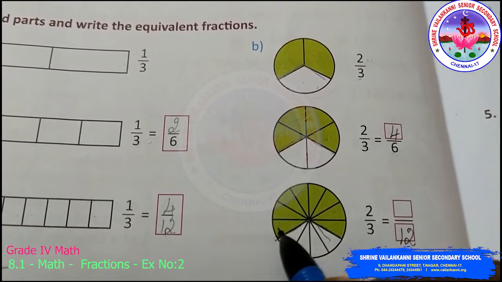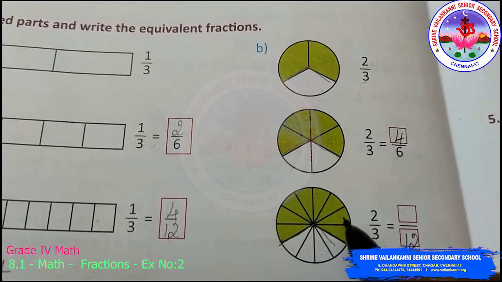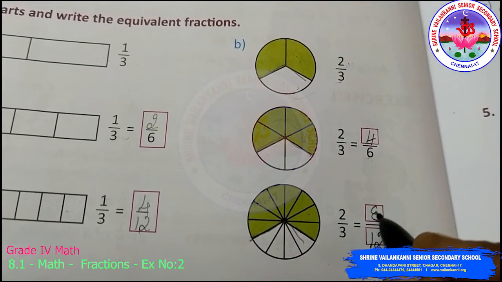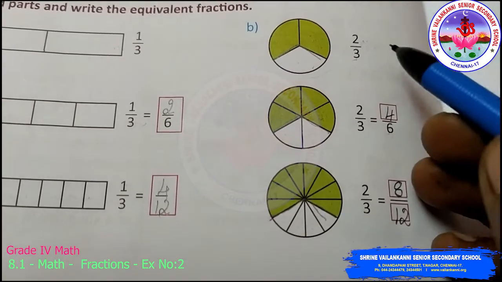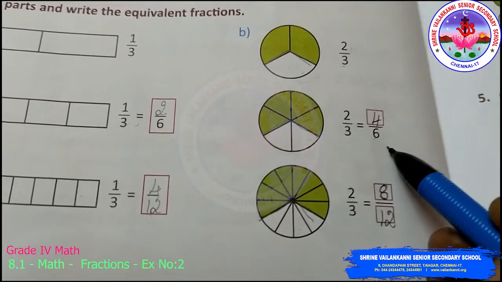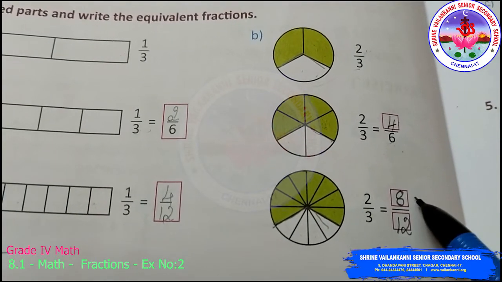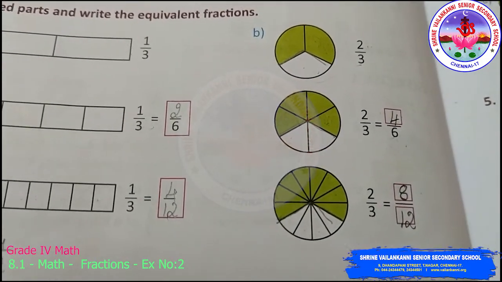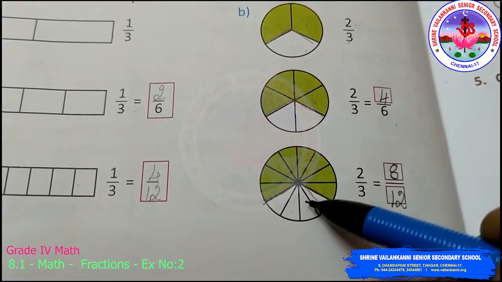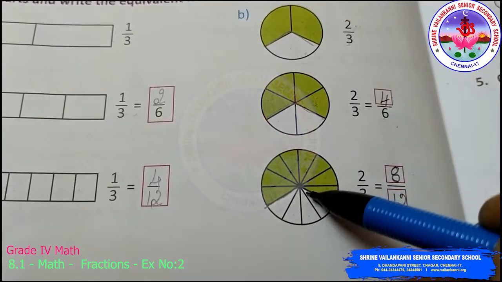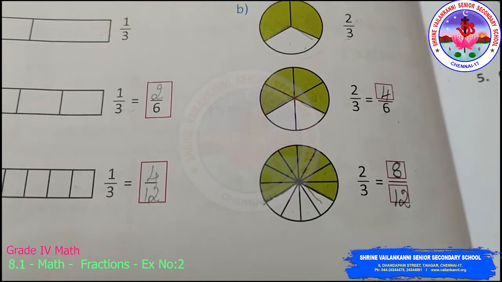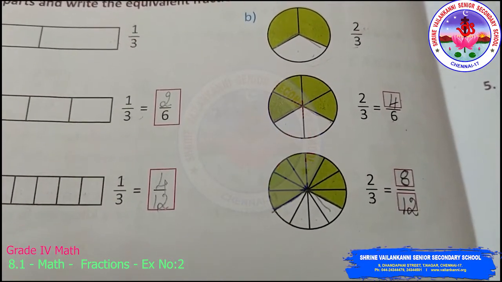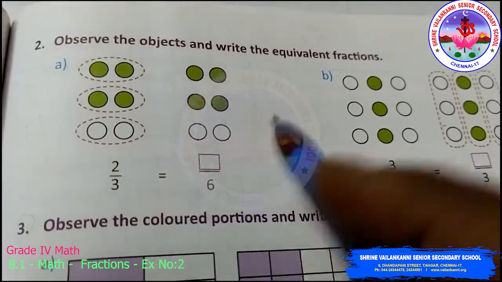The colored parts are 1, 2, 3, 4, 5, 6, 7, 8, so the numerator is 8. So 2 by 3 is equal to 4 by 6 and also equal to 8 by 12. All the 3 shaded colored parts are equal, but divided into different parts. Okay, we'll see the next sum.